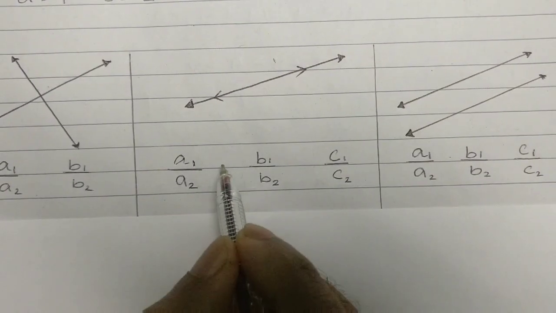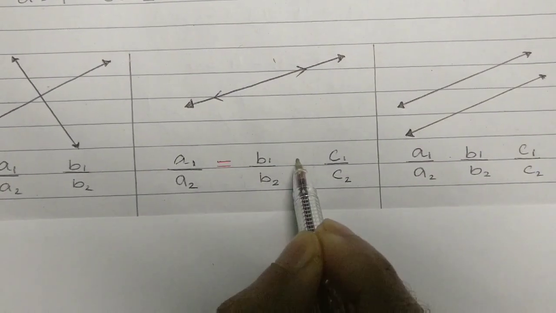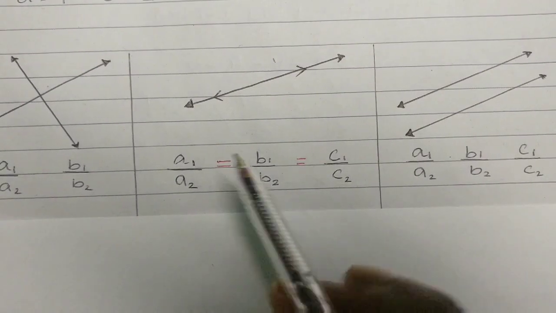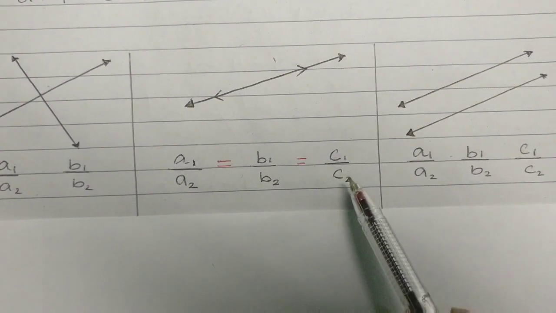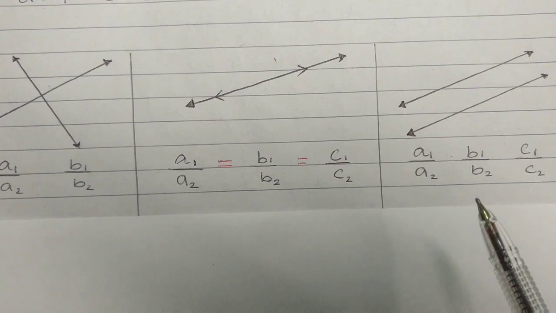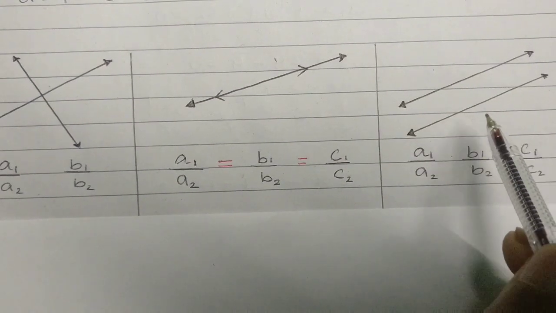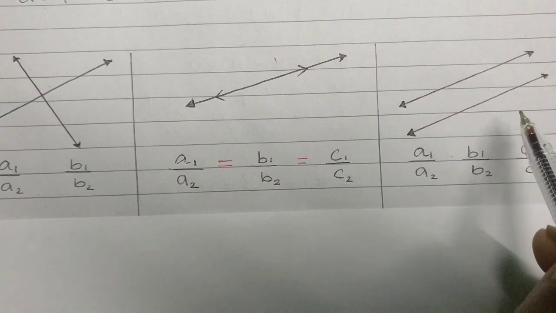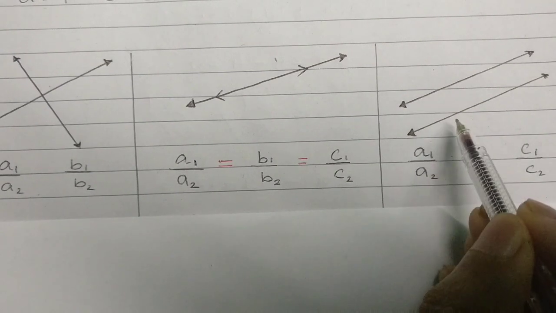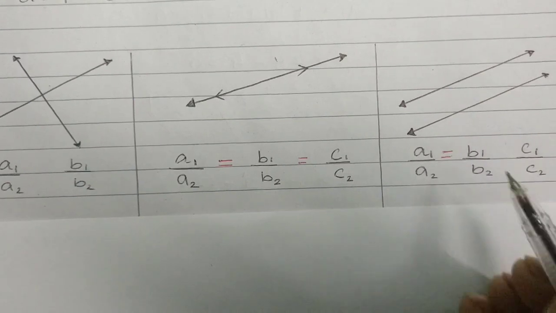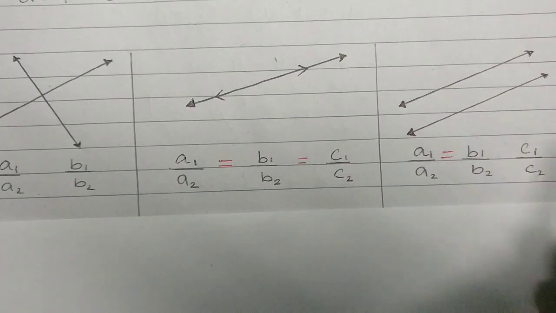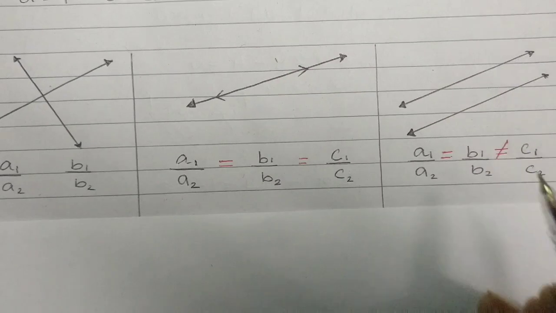So simple, all I have to put is equal signs: a1 upon a2 is equal to b1 upon b2 is equal to c1 upon c2. Over here, this has no solution. Lines are parallel. Parallel is somewhat like an equal to sign, and there's no solution.